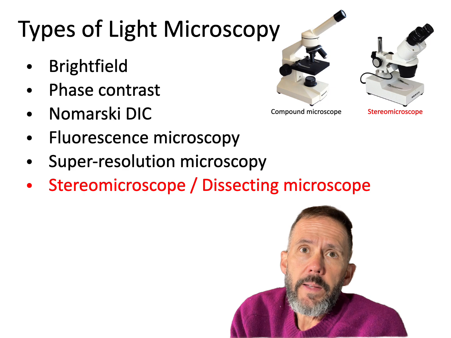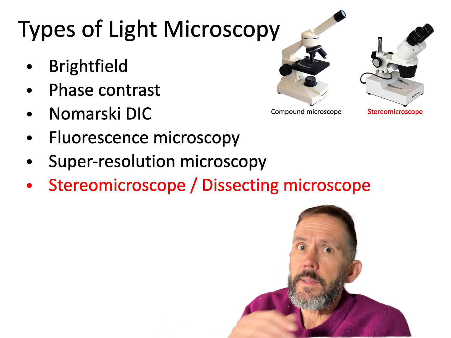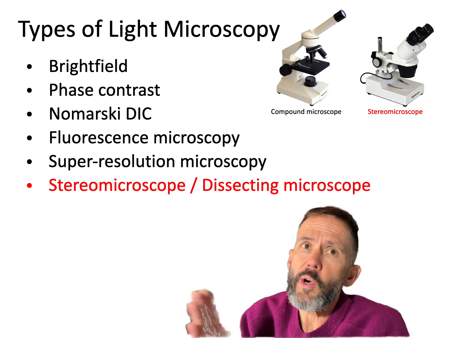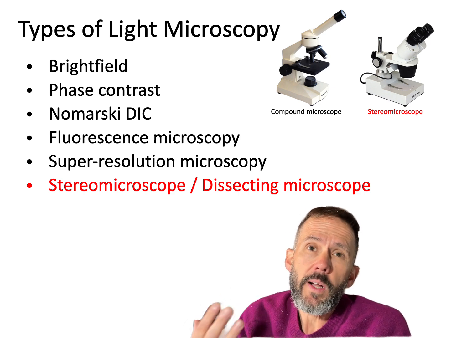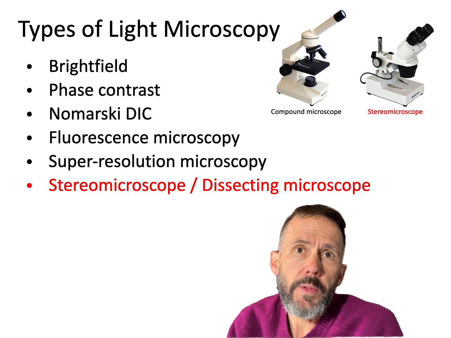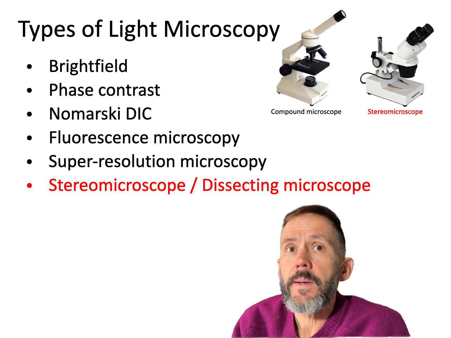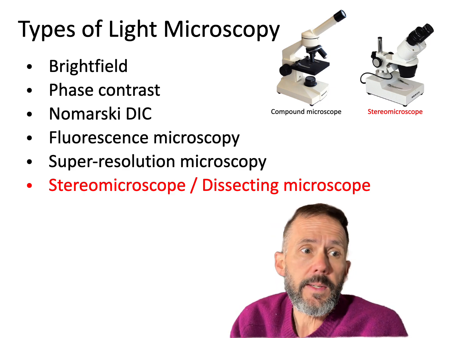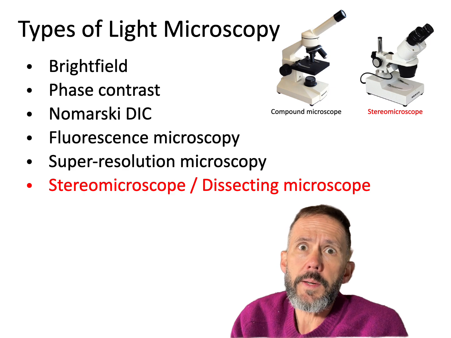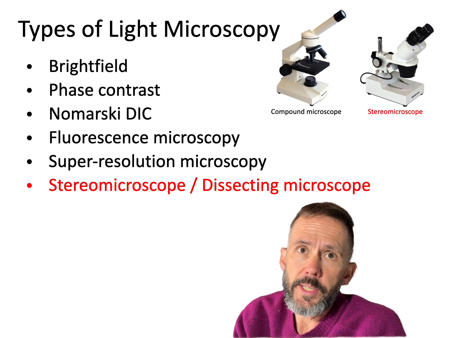There's ways that we can influence the path of light before or after it's passing through a sample to bring out contrast. Two of those approaches are phase contrast and Nomarski differential interference contrast, which go a little bit beyond the scope of this presentation.